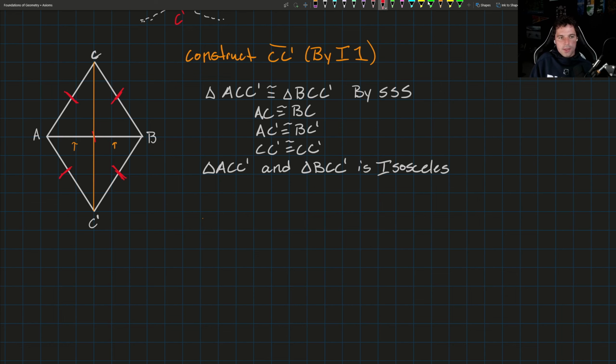AC is congruent to AC prime, therefore triangle ACC prime is isosceles. Similarly for triangle BCC prime. So that means this angle is congruent to this angle, right? So angle AC prime C is congruent to angle ACC prime.